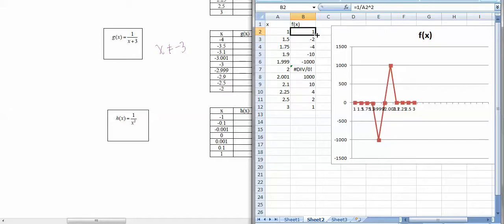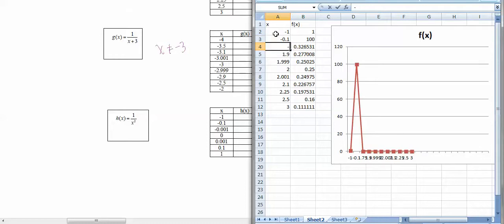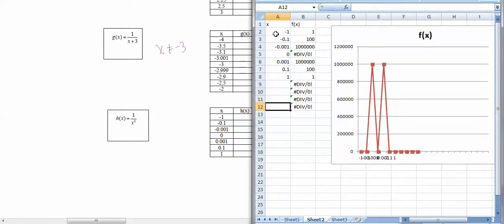I'll drag that down, and I'm going to go negative 1, negative 0.1, negative 0.001, 0.001, 1, and we'll delete these over here.